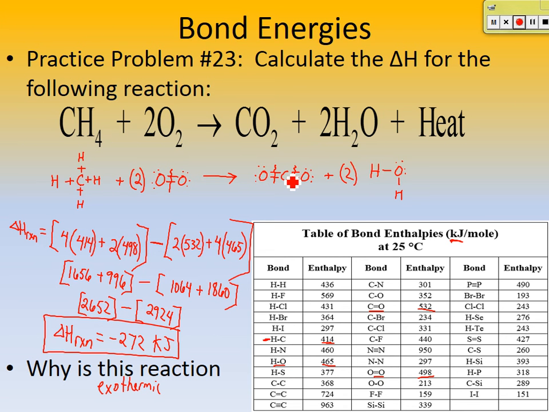Let me ask that again. The bonds that are formed here, guys, in my product side, do they have more energy or less energy than the bonds that were broken? They have more. That's what's making it exothermic. They're releasing more energy when they form than it took to break it.